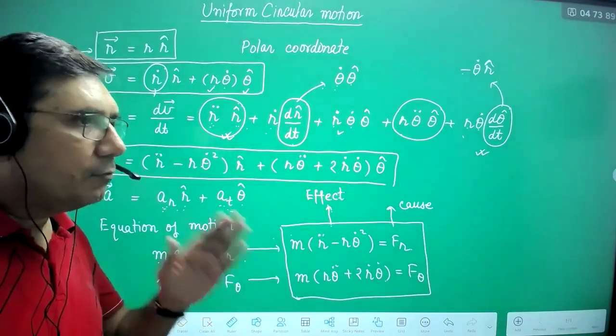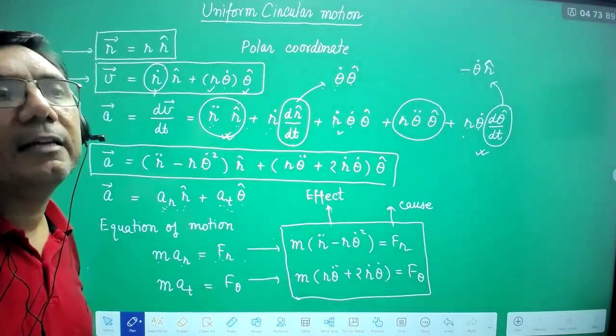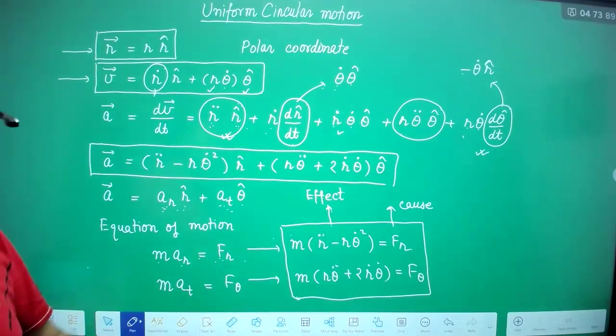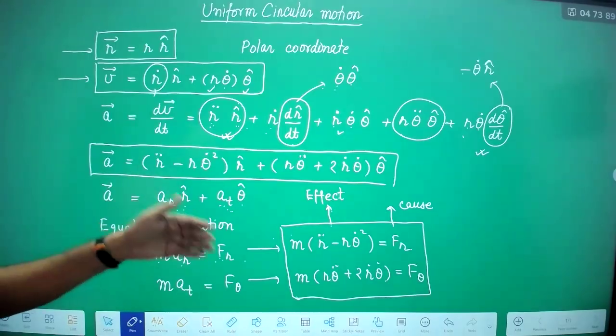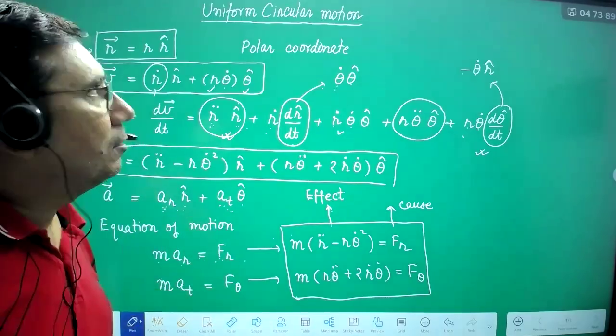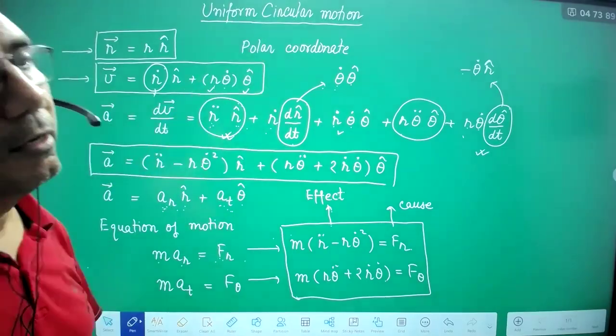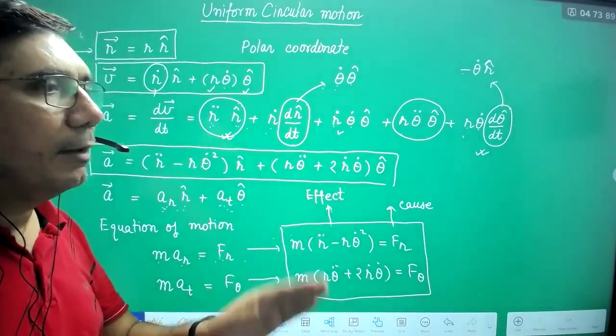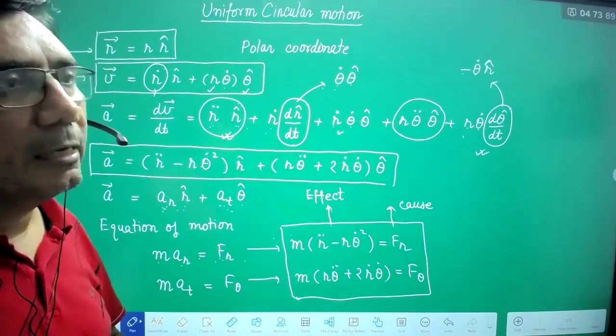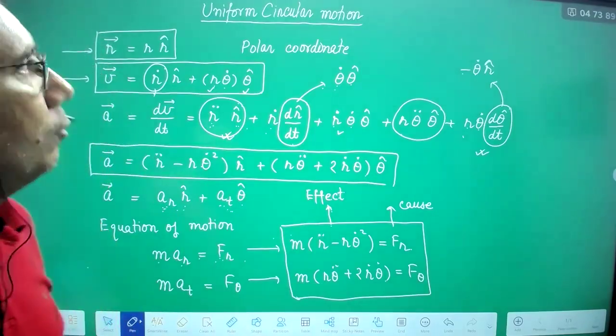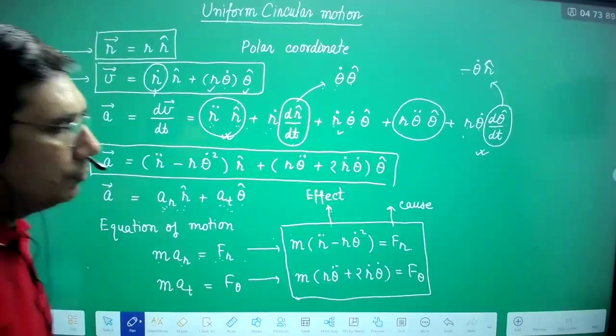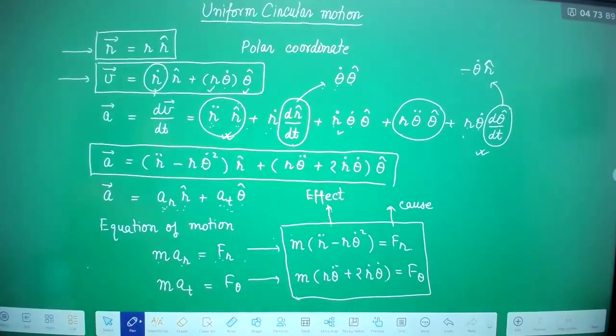Now you are ready to solve questions of kinematics in terms of polar coordinates. One of the good examples to understand polar coordinates is uniform circular motion. So first I am going to apply all these concepts, whatever we have learned here, on the uniform circular motion. Is this clear to all?